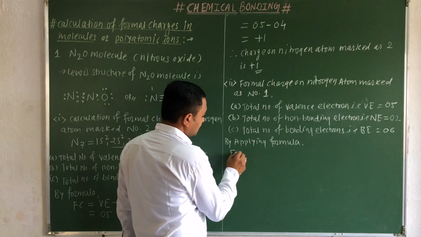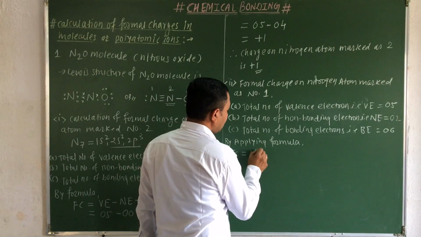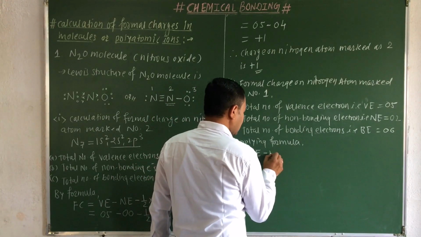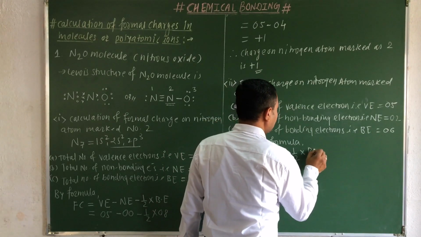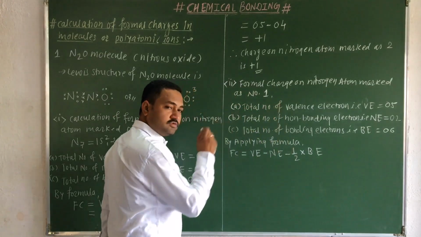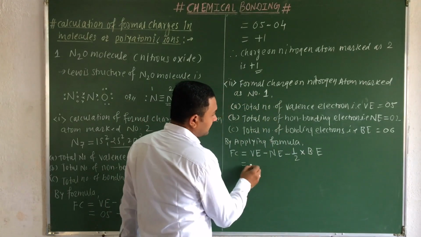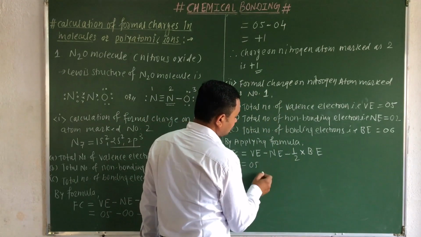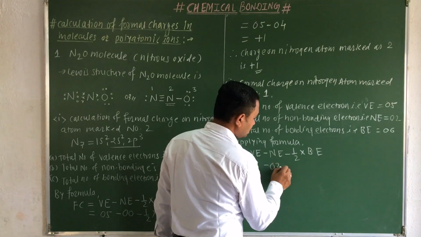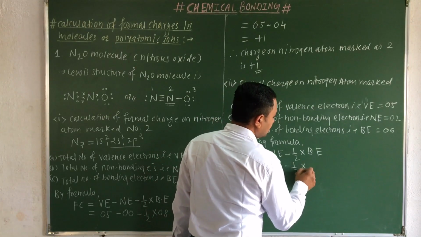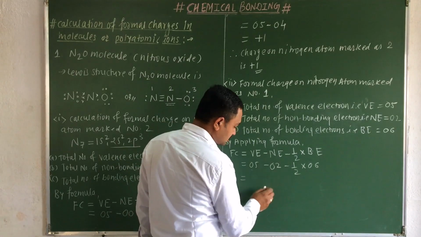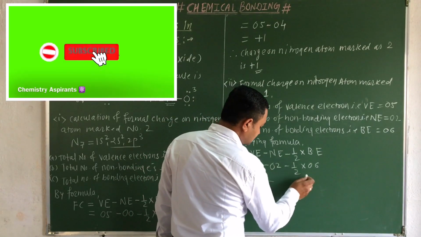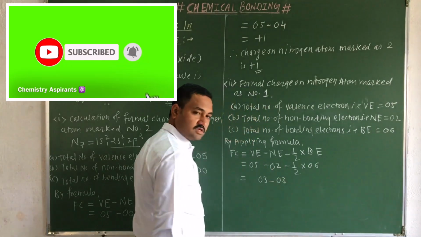that is Fc equals to Ve minus Ne minus 1 by 2 into Be. So we already know all the values, so just put up those values and find out the answer. That is 5 minus 2 minus 1 by 2 into 6. So that will be equals to 5 minus 2 equals 3, and 3 minus 3 will be equals to 0.